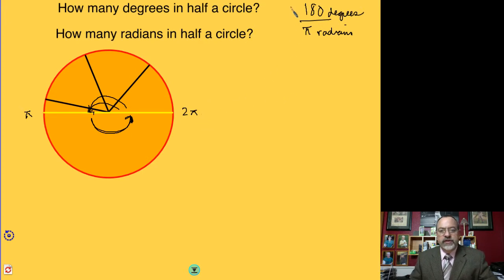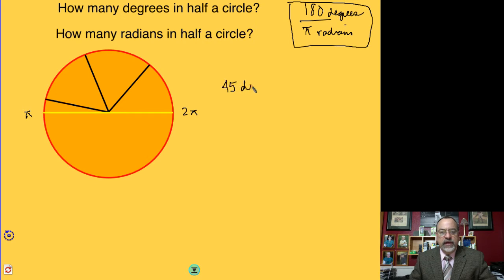Right? So this is what we call a unit multiplier, which we're going to use now to convert angles measured in degrees into radians, or radian measured angles into degrees. Let's say I have an angle of 45 degrees.